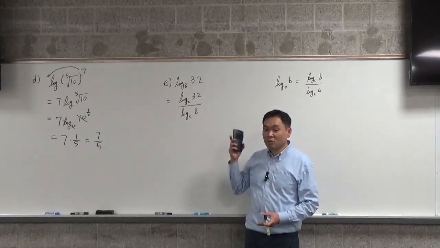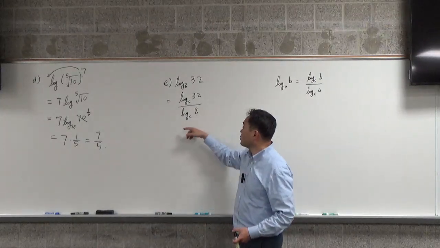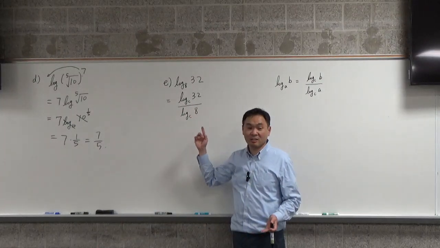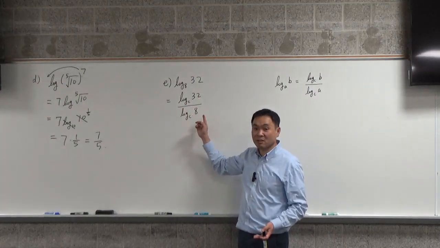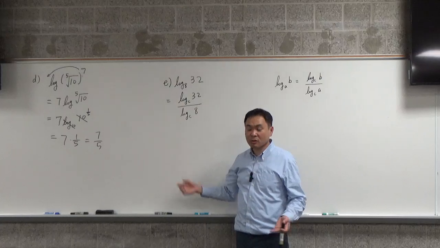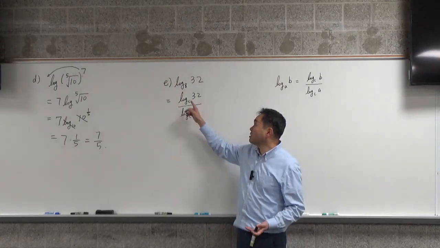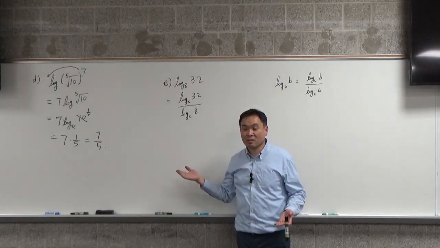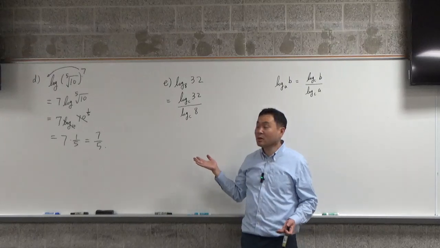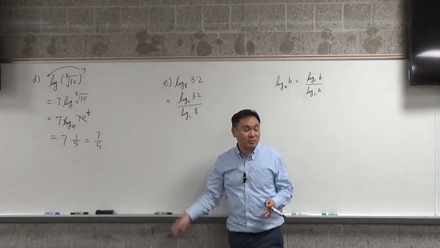But still using that, you can use your calculator to calculate this value if you choose C to be E, which will become ln. So you can do ln of 32 divided by ln of 8, and that will give you the value, right? Or you can also do C as 10, which will be log of 32 divided by log of 8. You can do that as well, okay? So in either case, you're going to get the same exact answer.